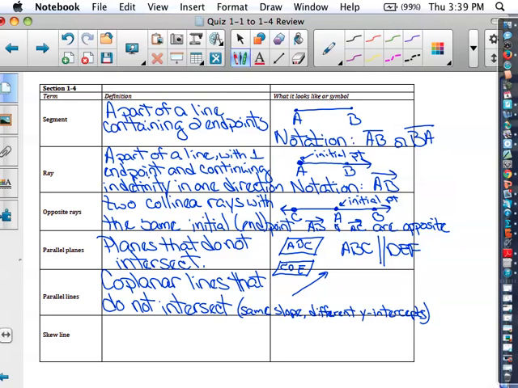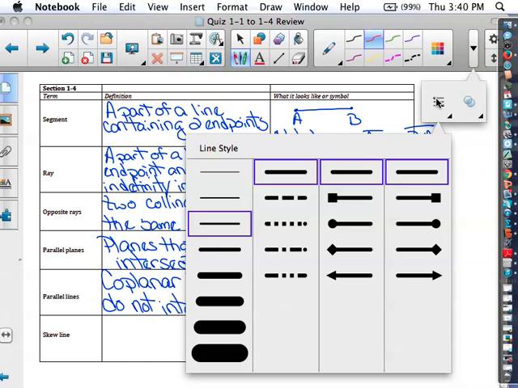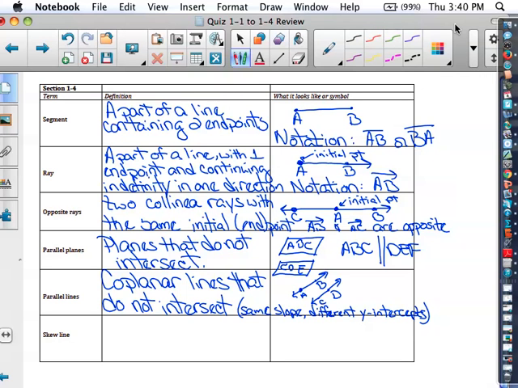So I might have two parallel lines, AB and CD. Remember, if they're parallel, they could also have those little arrows on them that indicate they're parallel. So if it's a figure and they're parallel, they will have matching arrows.